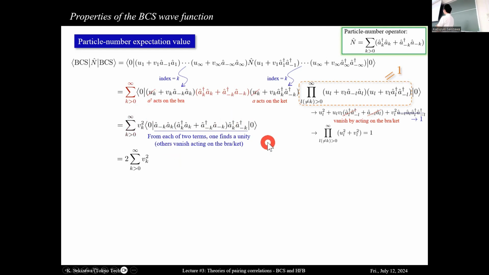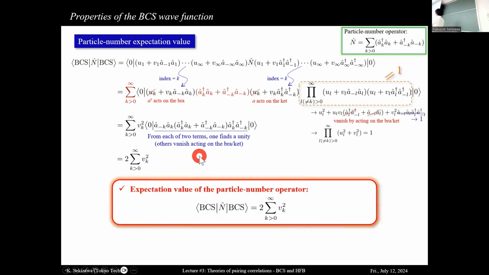If you become familiar with this, then you can easily do that. So the main conclusion is the following. The particle number expectation value by the BCS wave function is given by this formula.